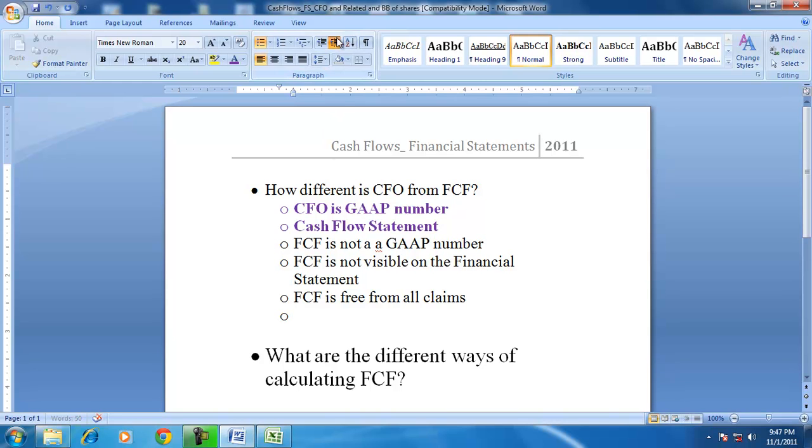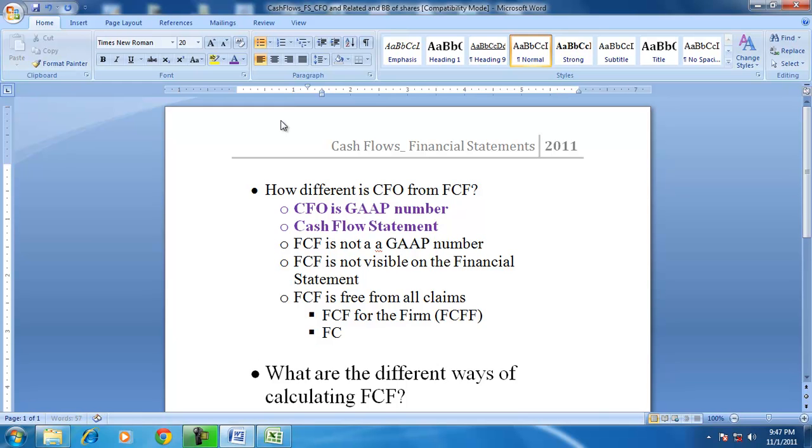Therefore, there can be free cash flows for the firm, FCFF, or free cash flows for the equity, FCFE. Free cash flows for the equity is money available for the equity holder, whereas free cash flows for the firm is money available for all the investors, both debt and equity holders.